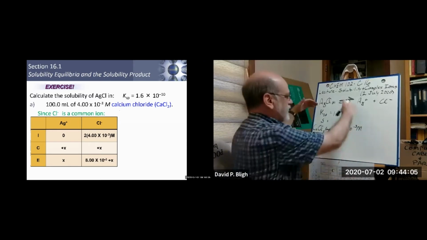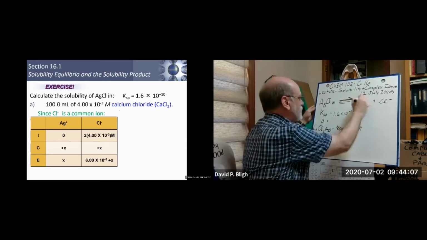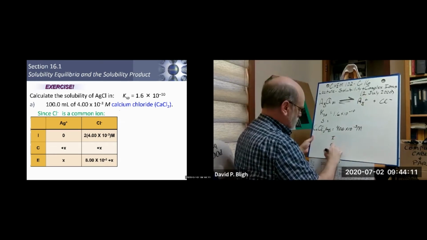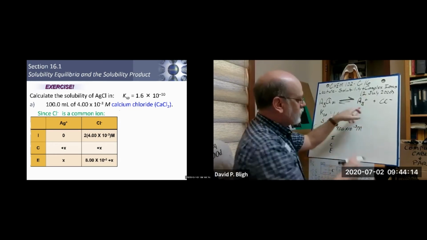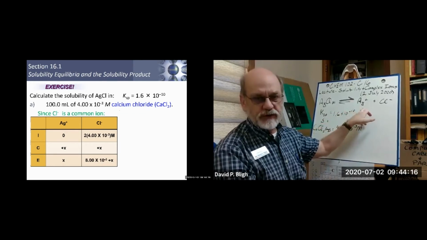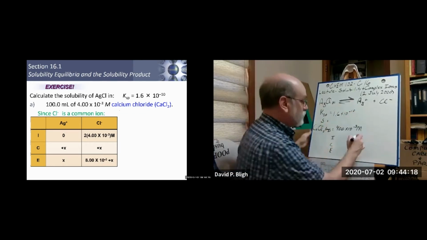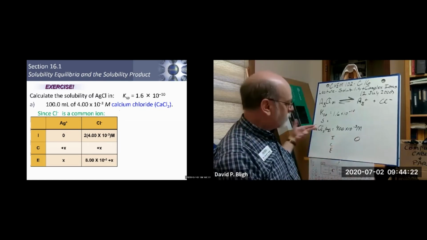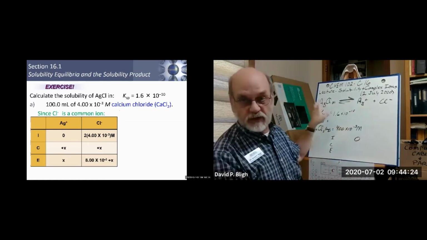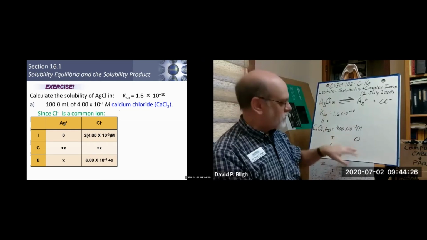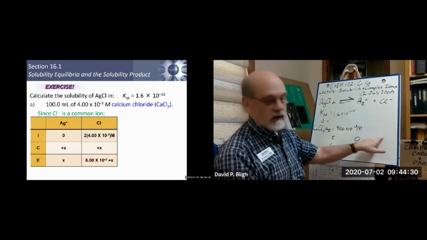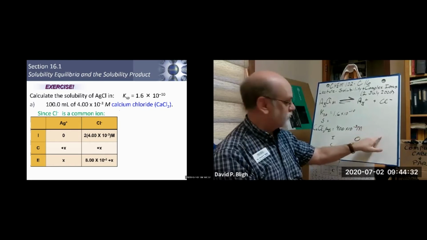Our ICE table then would be set up so that we have initial, change. So what's the initial concentration of silver? Well, it's 0, right? Because we start off with the solution, but we haven't added any silver chloride yet. When we add the silver chloride, we're 0 here, but we do have a significant concentration of chloride already in solution.